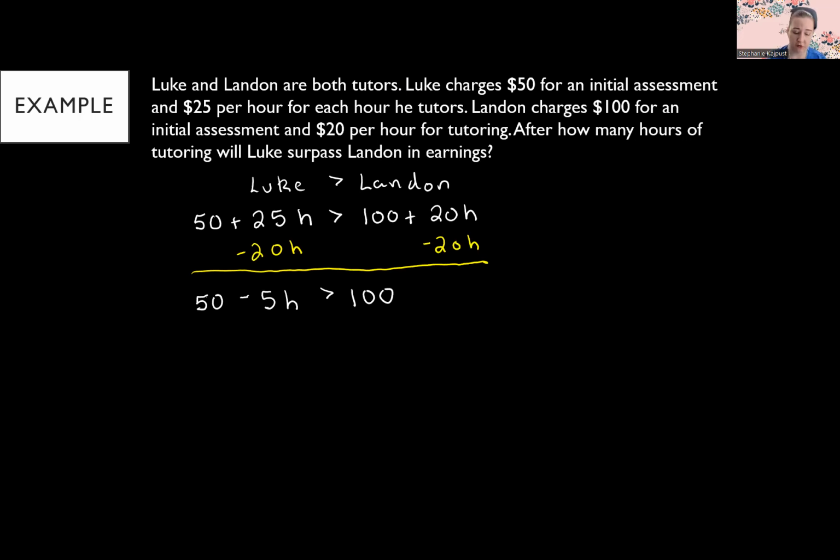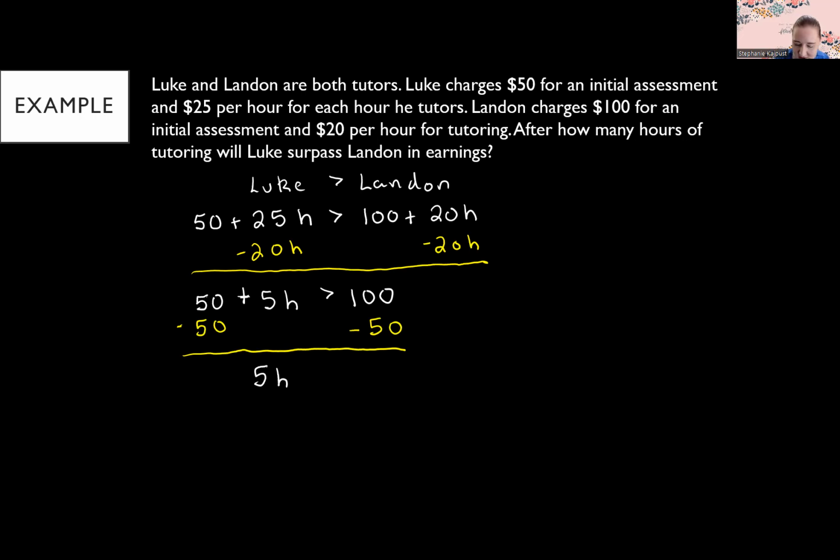So now I'm going to move the 50, because now that I know that my variable's on the left, the number needs to be on the right. So I'm going to subtract 50 from both sides. So I have, that should be plus 5H. 25 minus 20 is a positive 5.